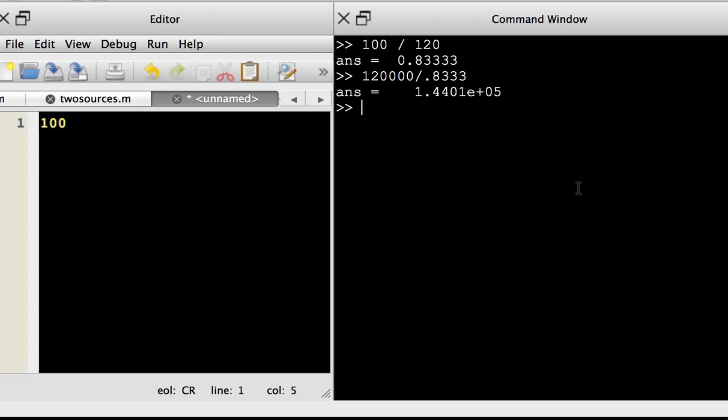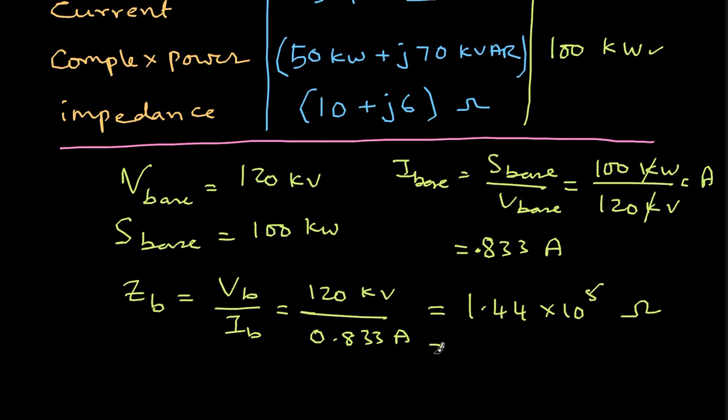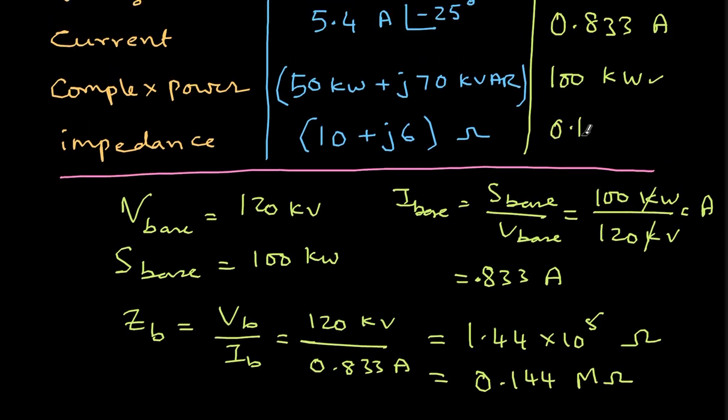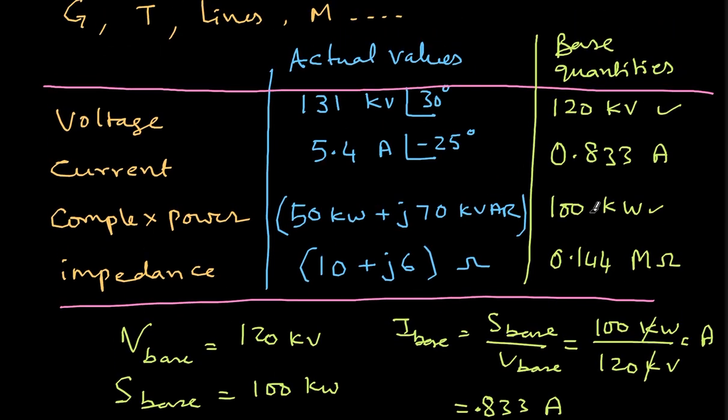So this is my base impedance, or I can write it as 0.144 mega ohms. You should be careful about the units. So let me write that down here. The current base is 0.833 amperes, and the impedance base is 0.144 mega ohms. Just be careful with the units.